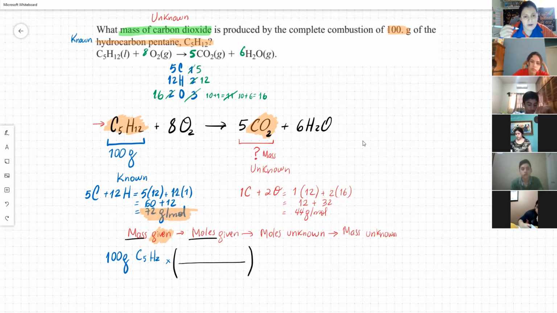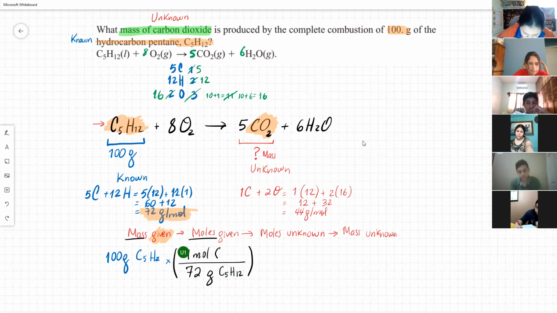So where am I going to put that 72 grams, up or down? Down. 72 grams of pentane, that is inside 1 mole of pentane. Okay, so we accomplish this part. So we move on to the next step.